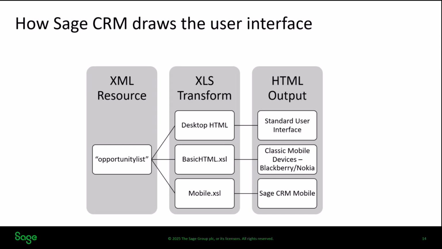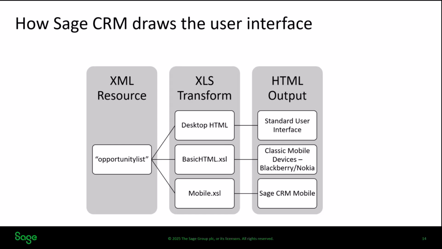And you can imagine each screen as though it was a separate XML file that generates its output. So we start off with opportunity list. Now that's not a physical XML file.